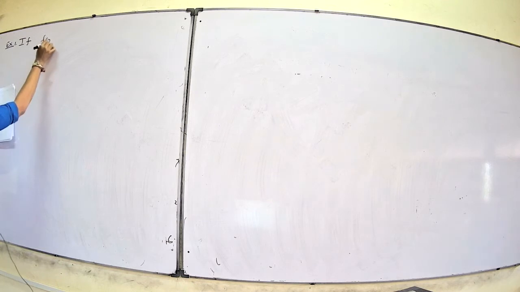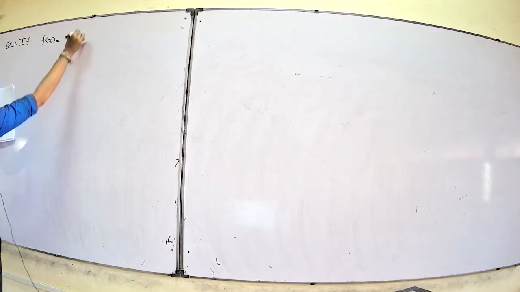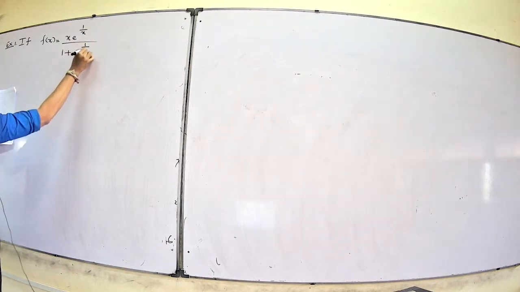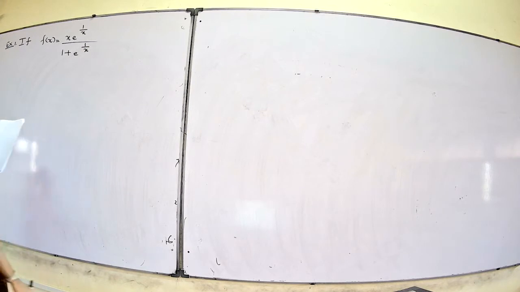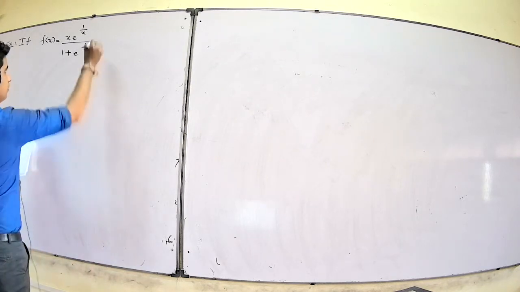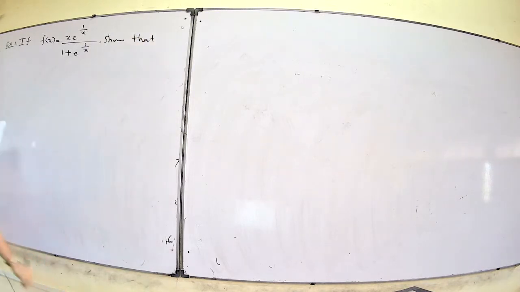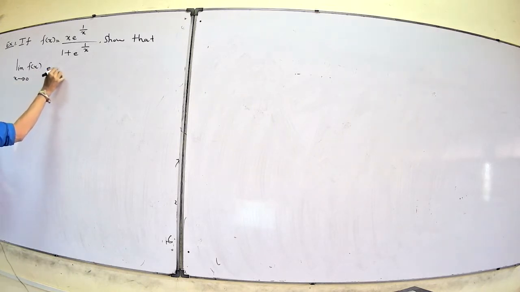First exercise: if your function f of x is defined by x e power 1 over x over 1 plus e power 1 over x, show that the limit of f of x as x tends to 0 does not exist, and find the right limit of f of x as x tends to 0.